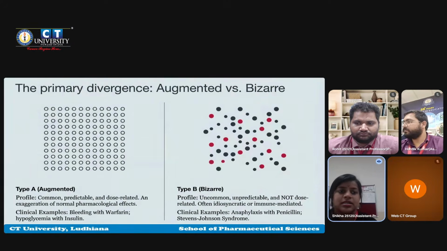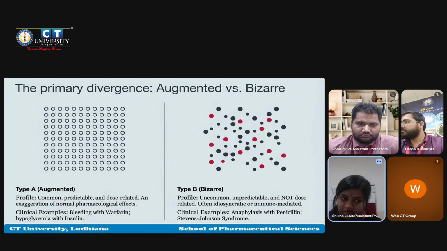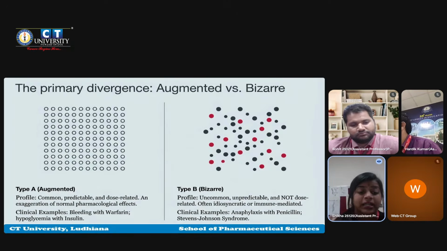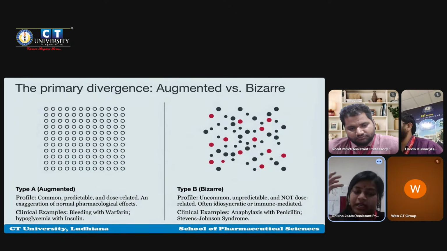So first one is the primary divergence, that is augmented and bizarre. So now you will see the difference between type A and type B ADRs. So type A stands for augmented and type B stands for bizarre. So type A are the common, predictable and dose related ADRs.